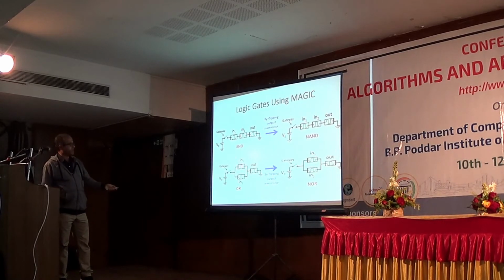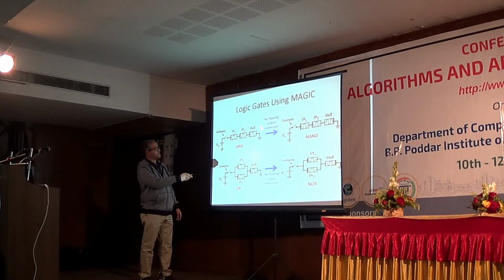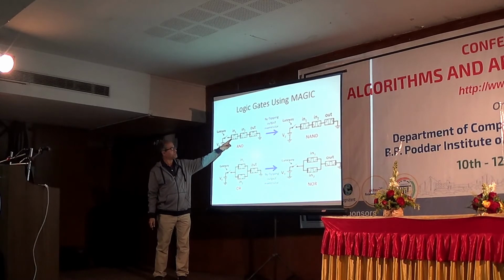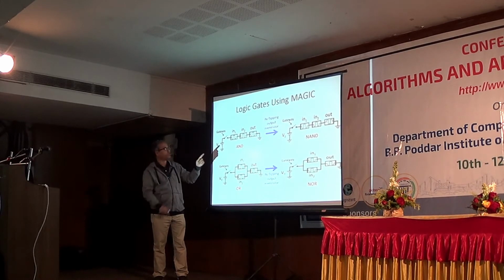This is a schematic diagram of the 4 types of gates I am showing: AND, NAND, NOR and OR. Let's see this. These are 3 memristors. You see this memristor, one side is marked as solid. Solid means the side where the doping is there. This is the notation.